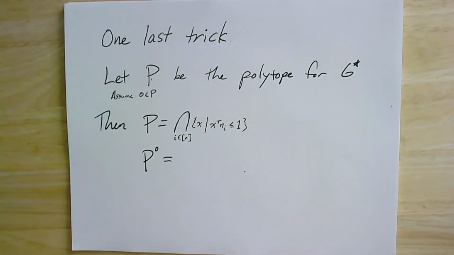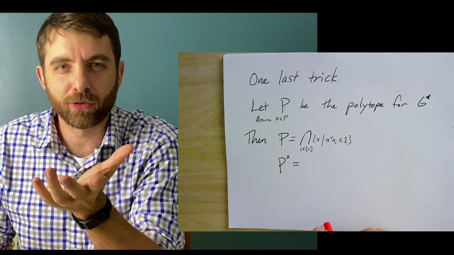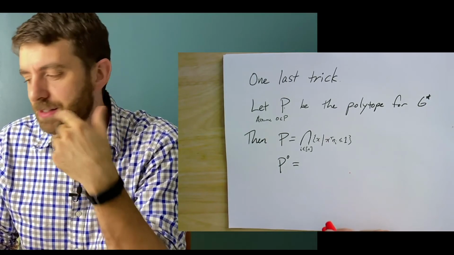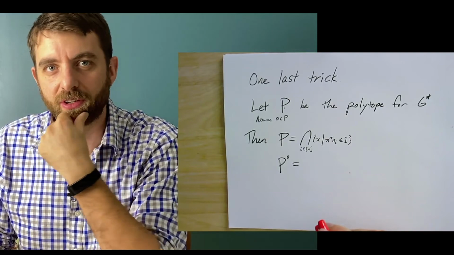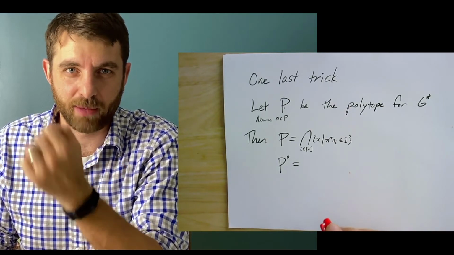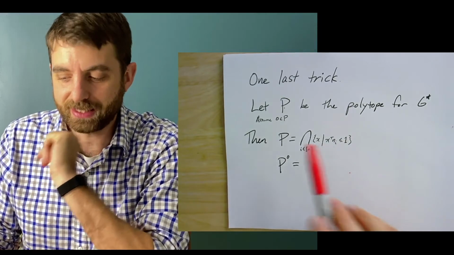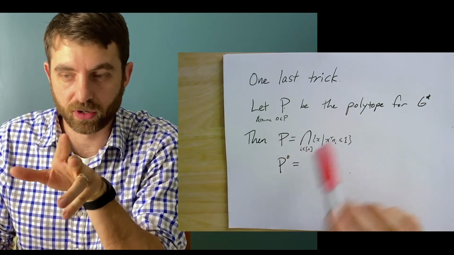Seems a bit weird, because if I wanted a polytope for G and I get a polytope for its dual, I'm not sure I should be necessarily happy with that. But here's the trick. Let P be the polytope for G star.